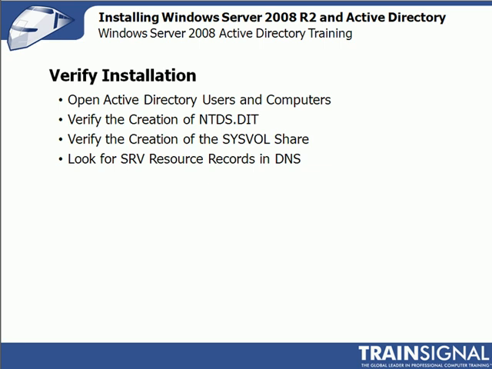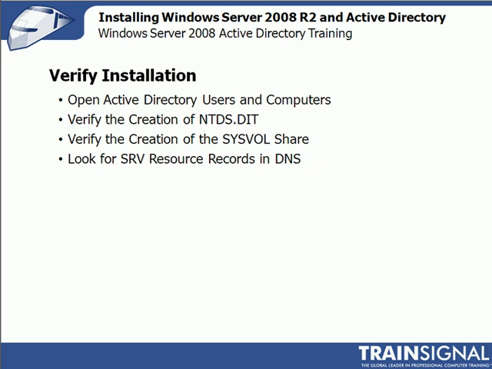Now, after we install this Forest root domain controller, we need to verify this installation. And I will tell you that this is an extremely important step that is very often skipped. I suppose it becomes less and less important as you install more and more domain controllers in your enterprise. But for the forest root domain controller, the one that begins everything that is Active Directory, you need to make sure it truly installed.